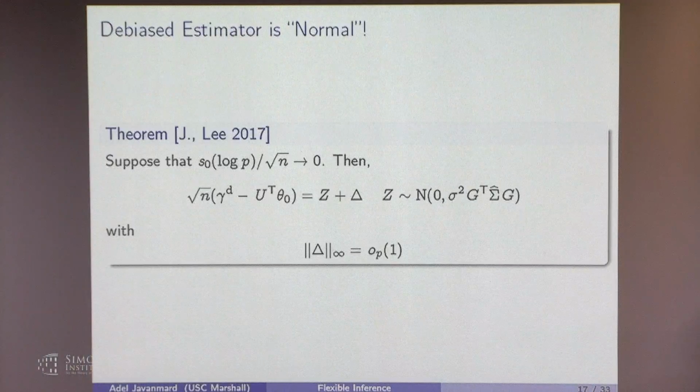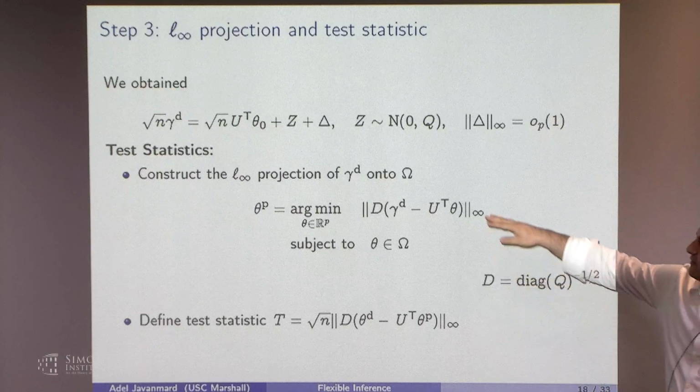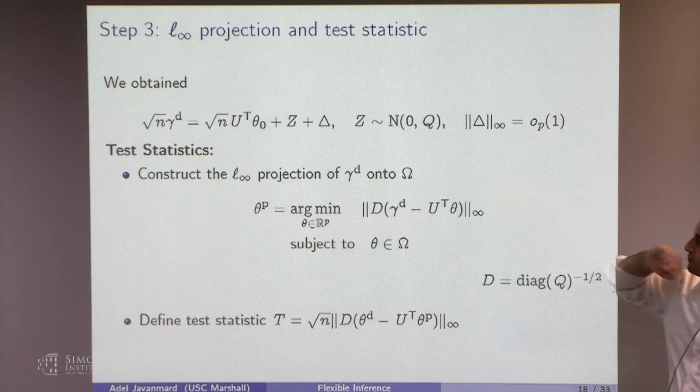Okay, thank you. So that was the second step, that you debias your estimator. And now the third step is, okay, this is the debiased estimator, this is your true signal, this is the noise, and this is the bias that vanishes asymptotically. So what I do is an L infinity projection of the debiased estimator on the set omega.